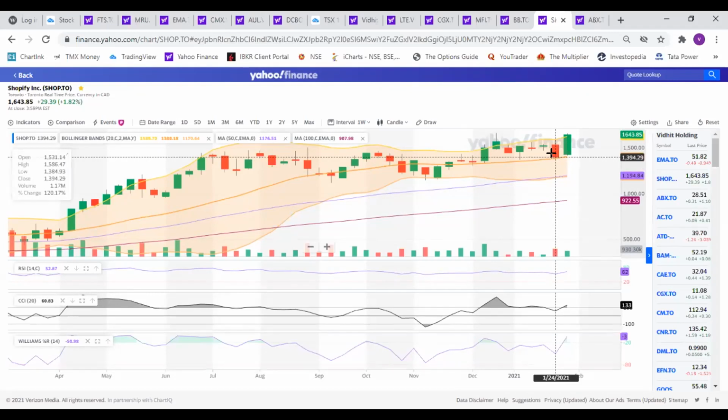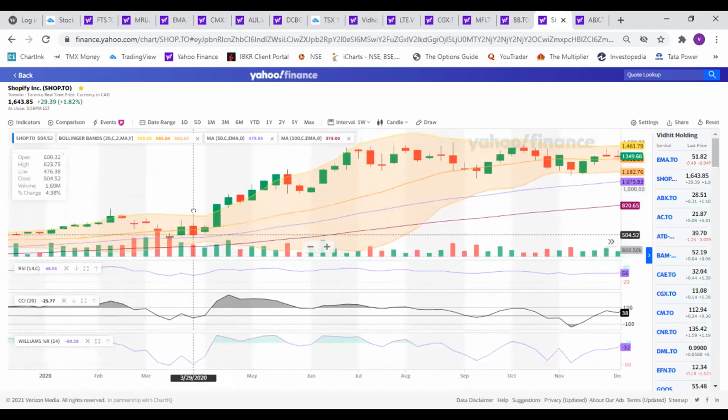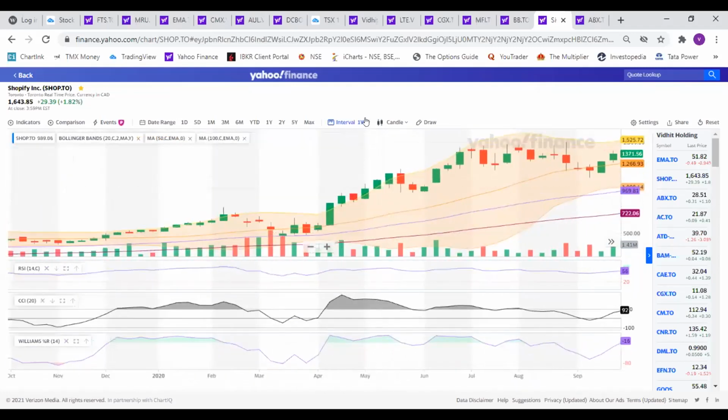Now when I'm trading, or if somebody really wants to trade for long term, you want to see your stocks and figures, you're very busy in your career, you can only see it at the end of the day or once a week. If I'm seeing it once a week, what will I do? I am seeing a weekly chart on a once a week basis, right? Every Saturday.